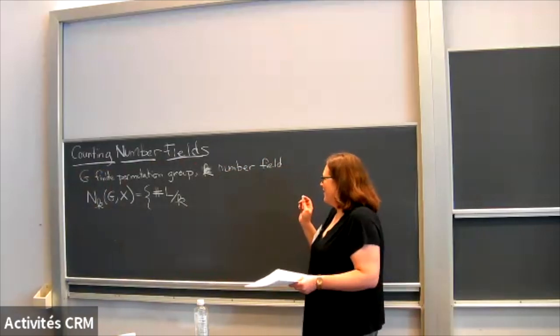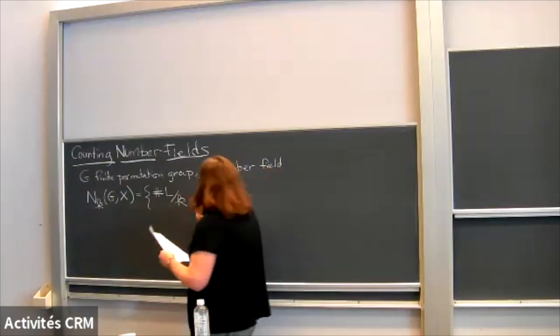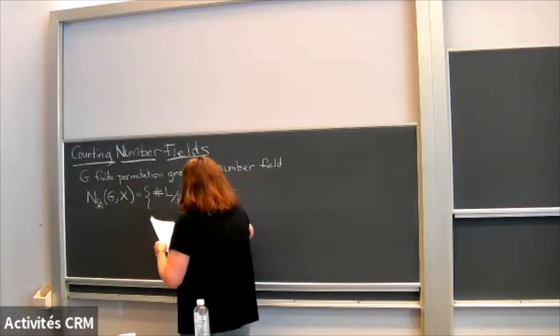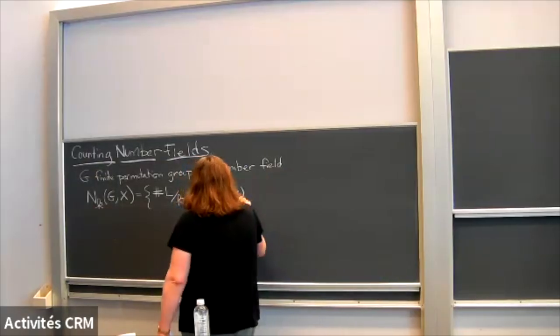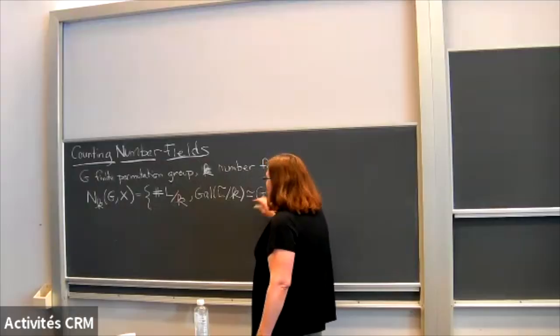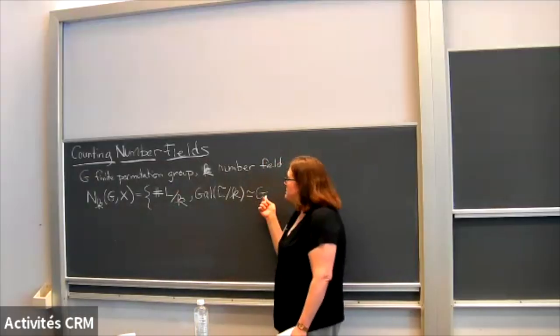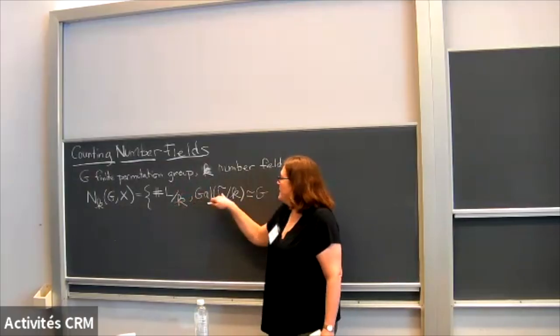It will not matter at all whether you mean in a fixed algebraic closure or isomorphism classes, where the Galois group of their Galois closure is isomorphic to G as a permutation group. The permutation action is on the maps from L into L tilde.